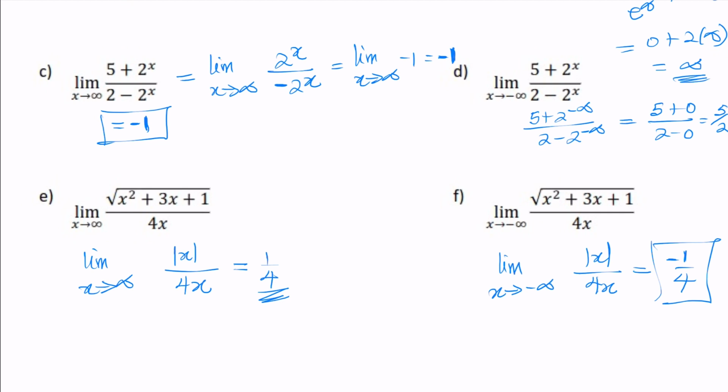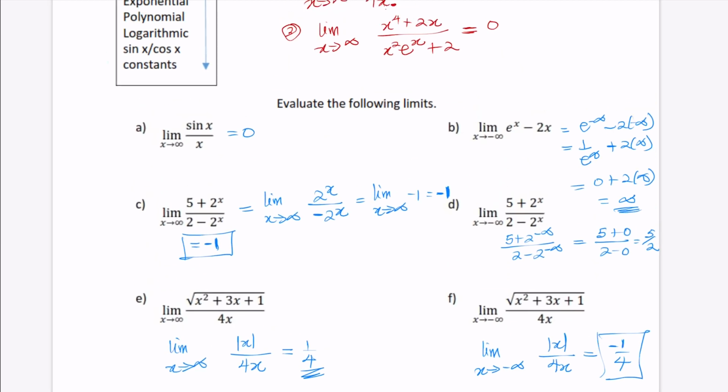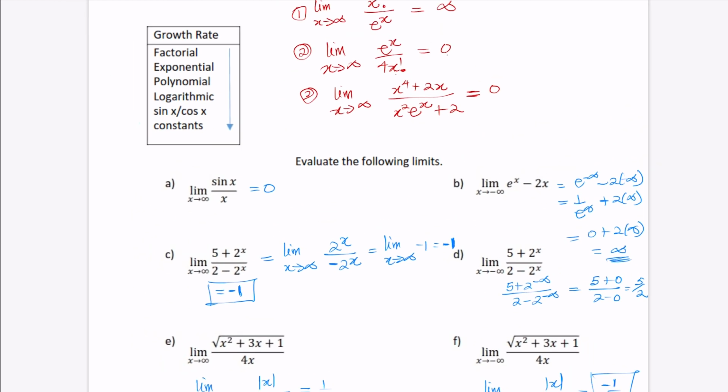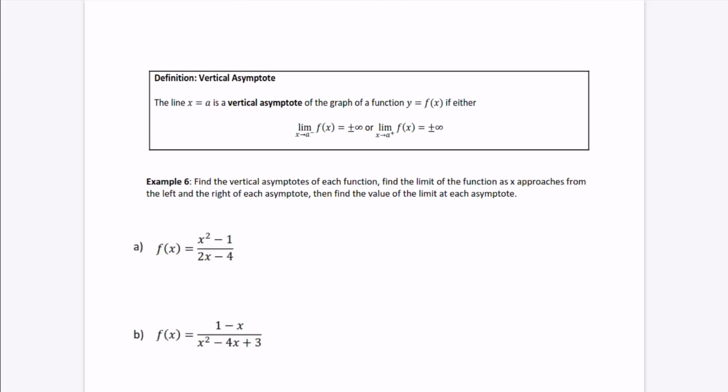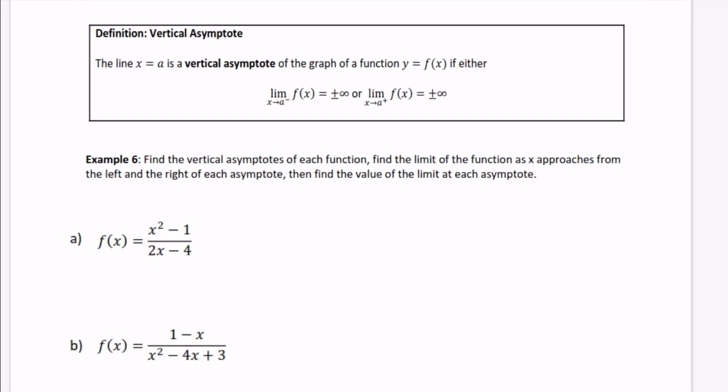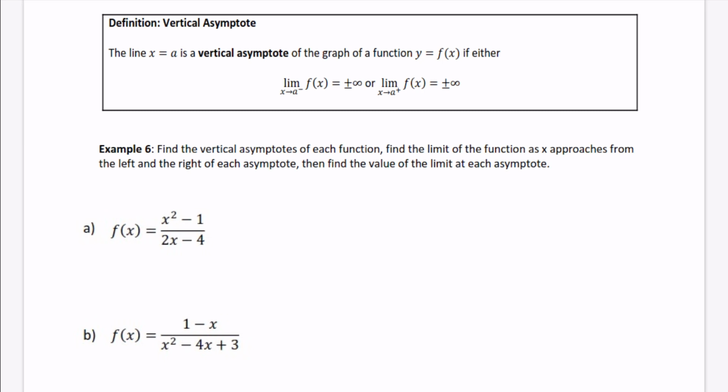So this brings us to the end of solving limits as x approaches infinity. But let's go ahead and consider vertical asymptotes. Since we looked at horizontal asymptotes, how do we solve for vertical asymptotes? Definition.